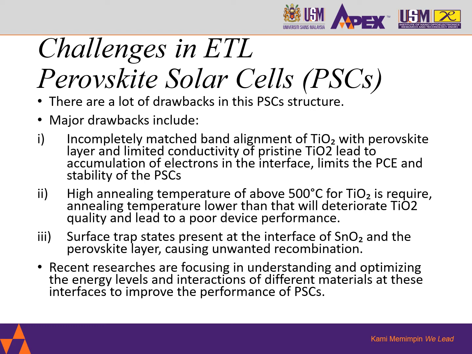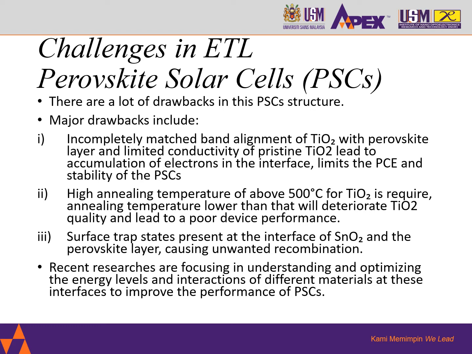Another thing is that TiO2 requires a very high annealing temperature, around above 500 degrees Celsius. This annealing temperature is too complex for processability. If we lower the annealing temperature, it will deteriorate the quality of the TiO2, and the consequence is poor device performance.